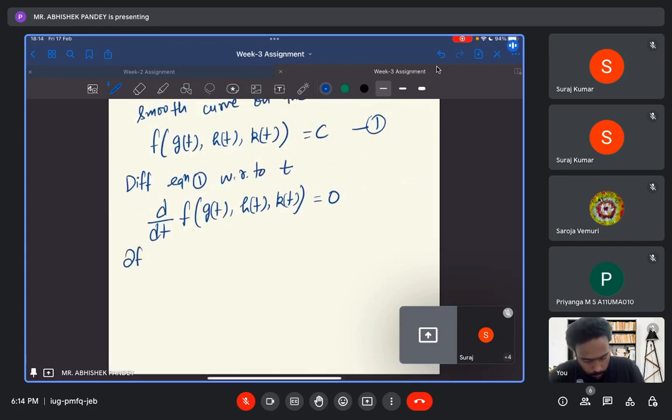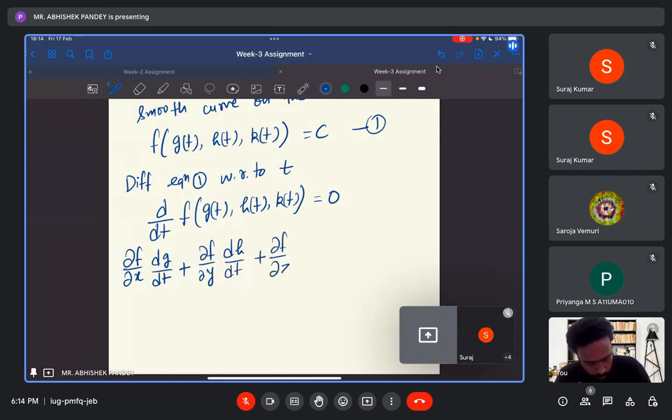So this is nothing but del f by del x dg by dt, plus del f by del y dh by dt, plus del f by del z dk by dt is equal to 0. So this is nothing but a dot product. Between what and what?